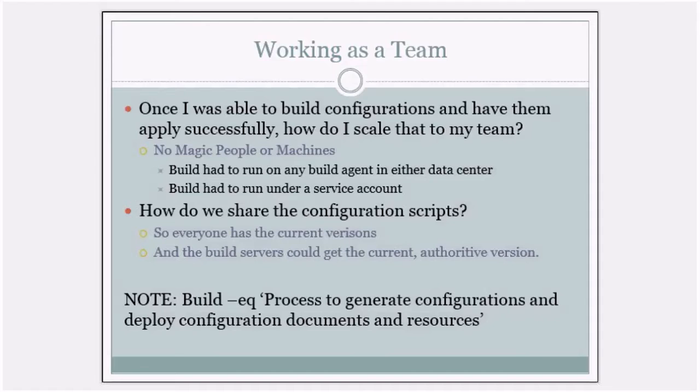With DSC configurations, they're plain text documents. I can stick them into source control. I can diff different versions. I can diff different servers with some text tools like WinMerge or Beyond Compare. And so DSC just made it a little more accessible to my team.